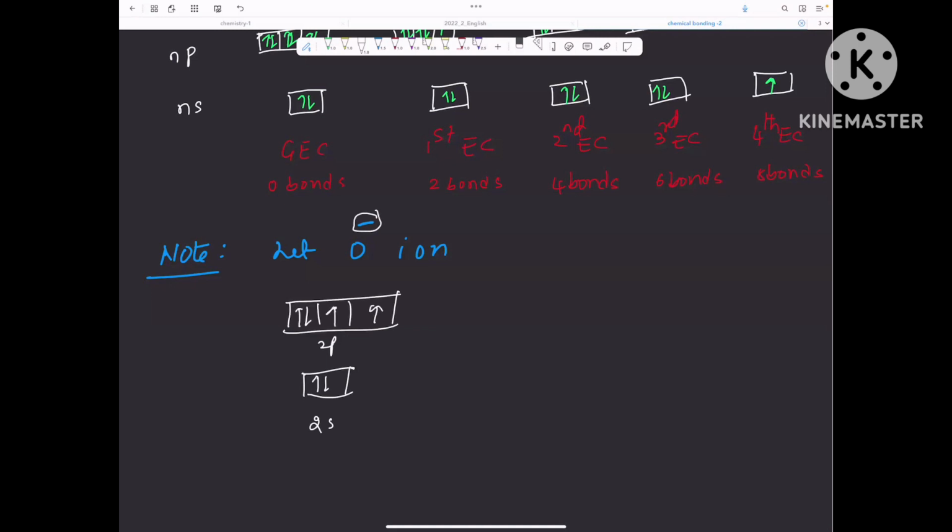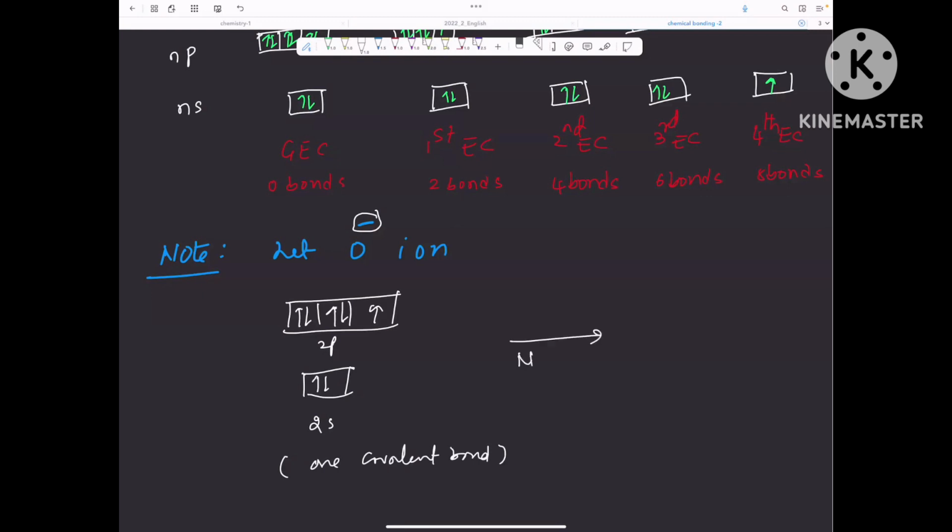Because of having 1 unit of negative charge, we need to add 1 electron. Therefore, it can form one covalent bond.